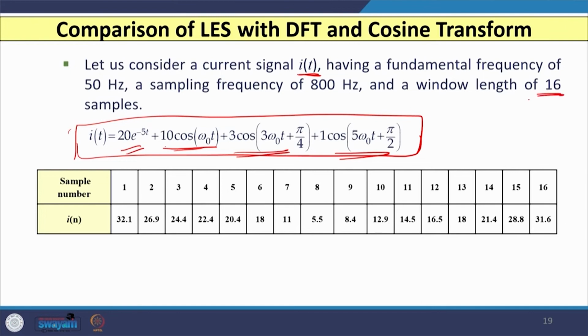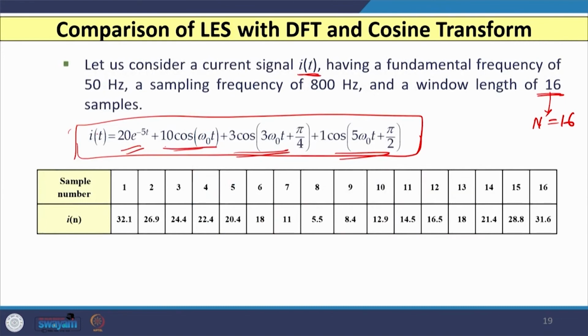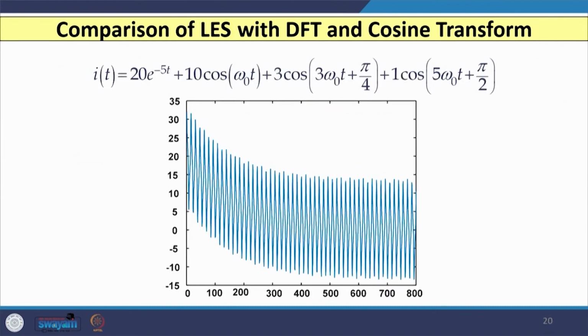So, the number of samples in a cycle, that is N, is equal to 16, and those 16 samples are shown here. Now, if I plot this signal, it looks like this. You can see that there is a decaying DC term along with some fundamental term and some other harmonics.